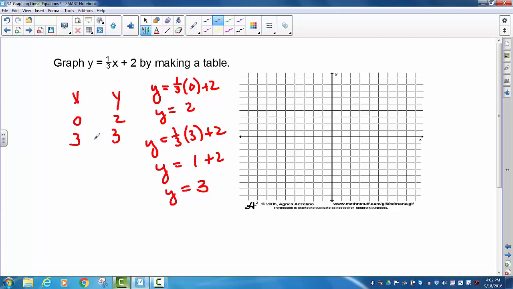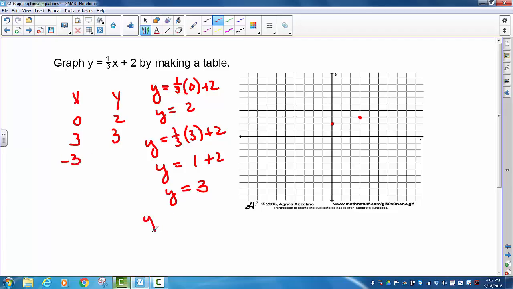There we go. So let's go over here and plot 0, 2. Here's 0, 2, and 3, 3. It's always good to have more than 2 points because you can draw a better line that way. And well, if you had a straight edge, you could probably do it right now. But let's try -3.